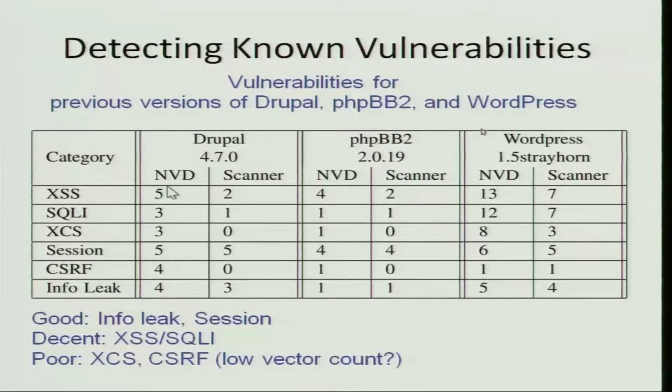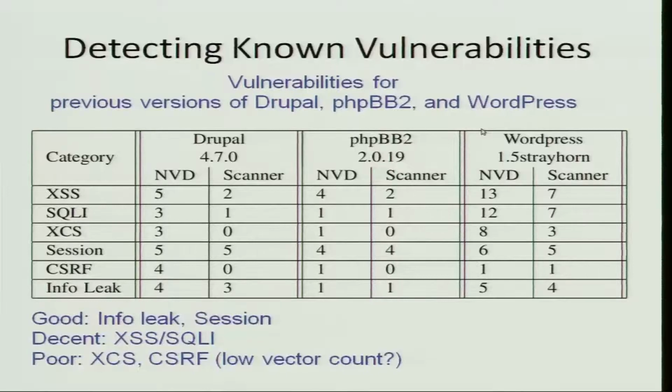They took the old, previous versions of all these, because if the vulnerability is already declared in the NVD, then that means it has been fixed in most cases. So they took the past version, and then ran the scanner and compared how many of the NVD declared ones can be detected by the scanners.